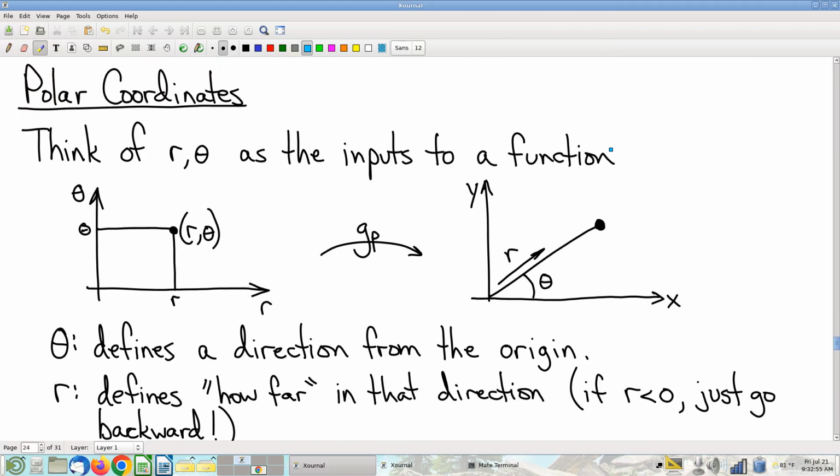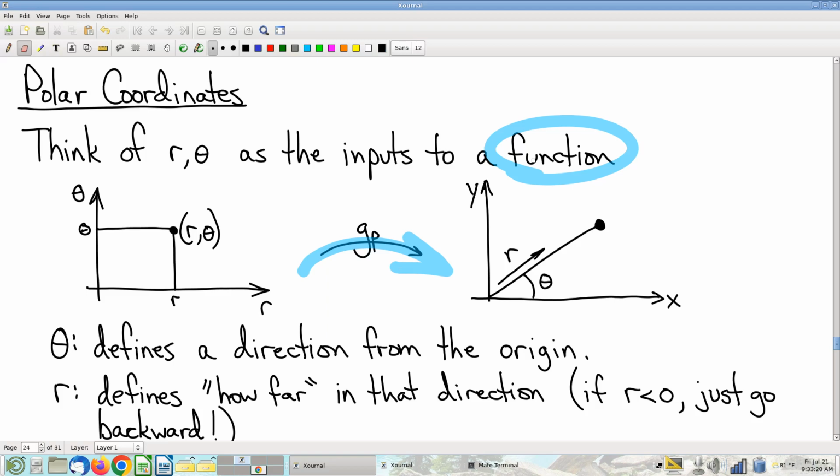With that said, that disappointment established, let's start talking about polar coordinates. There are different ways to think about polar coordinates. My preferred way is to think of polar coordinates in relation to a particular function, and the function is the conversion formulas. So given the polar coordinates, this function returns the corresponding rectangular coordinates.